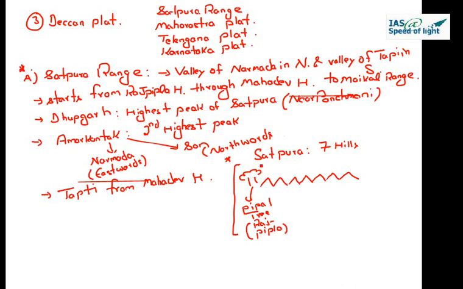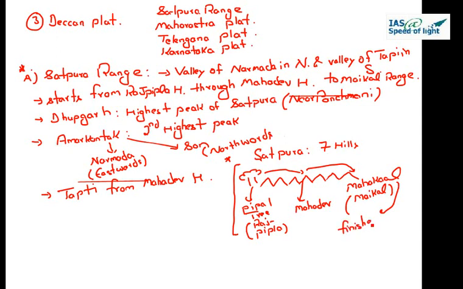Then in between, he became Mahadev in Samadhi. And finally at the end he becomes Maikal, which is Mahakal, and finishes everything.